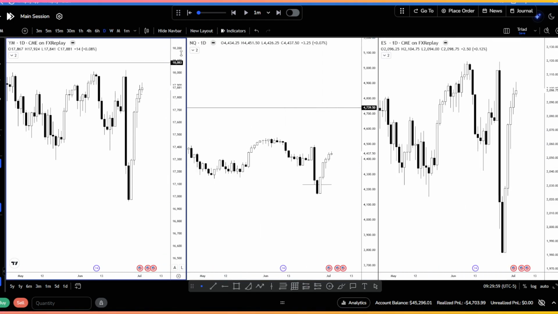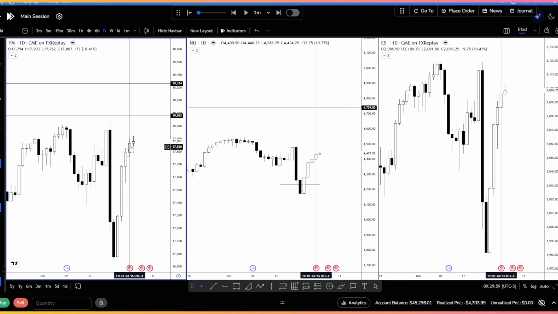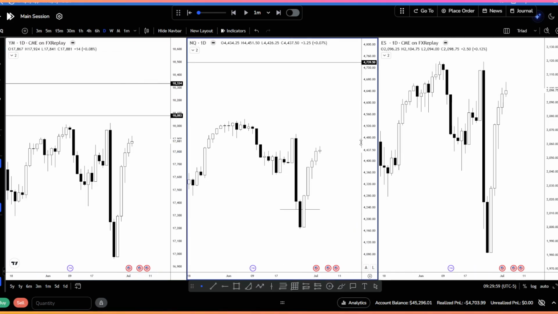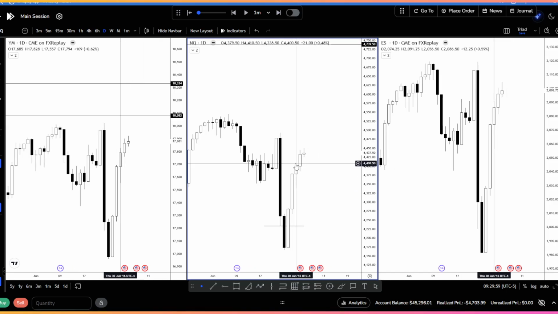Daily. Okay, daily is still bullish for me. NQ is pacing up now. This is a bigger candle than YM, in my opinion, so it's trying to catch up again.